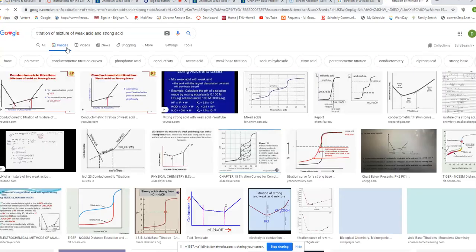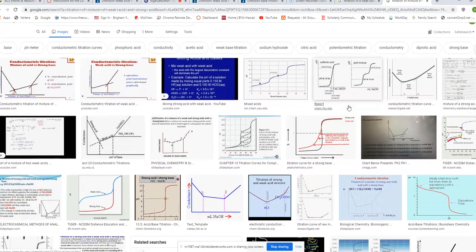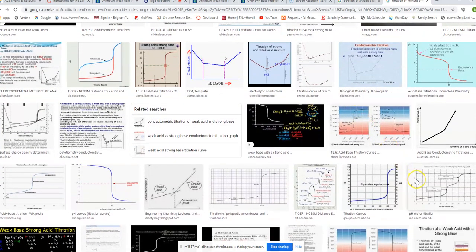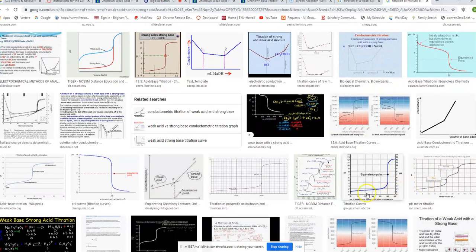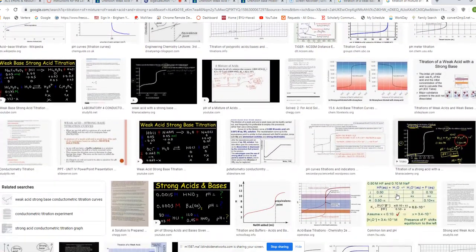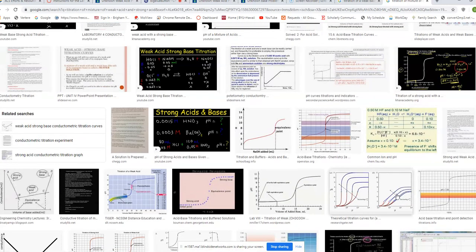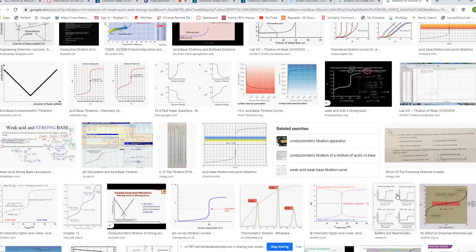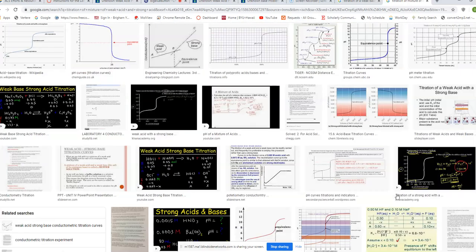Let's see if we can get a good image here. So there's a couple of examples.